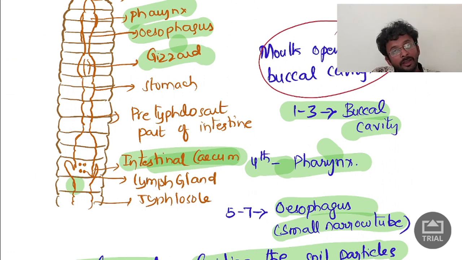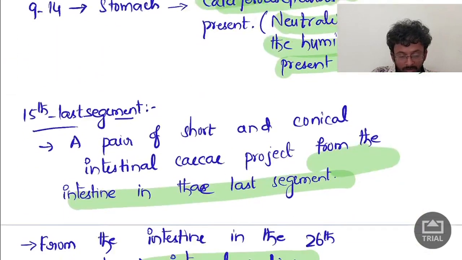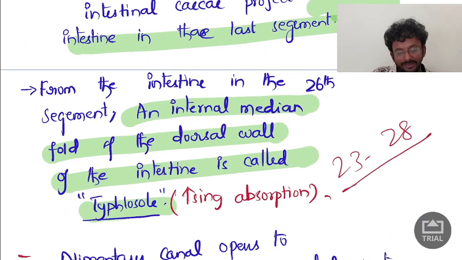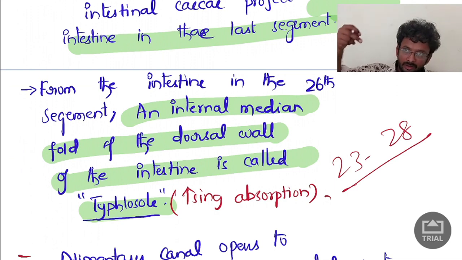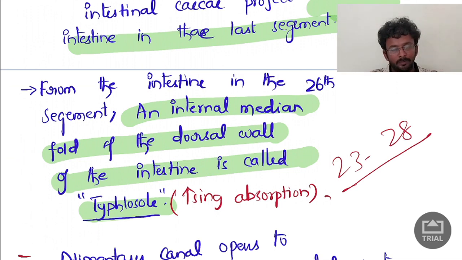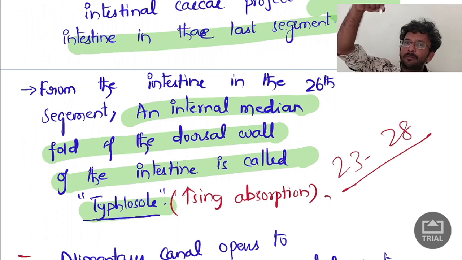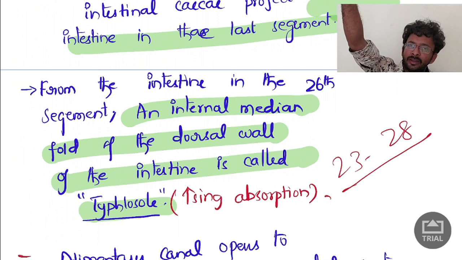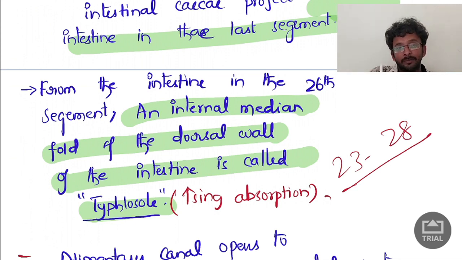This typhlosole is like the microvilli of humans, which increases the area of absorption. From which segment to which segment? From the 26th segment, the intestine extends up to the 23rd segment and comes back to the 28th segment.